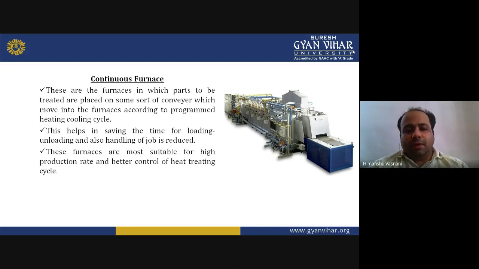This helps in saving the time for loading, unloading and handling of jobs. These furnaces are most suitable for high production rate and better control of the heat treating cycle. You understood? These furnaces are suitable for high production rate and better control of heat treating cycle.